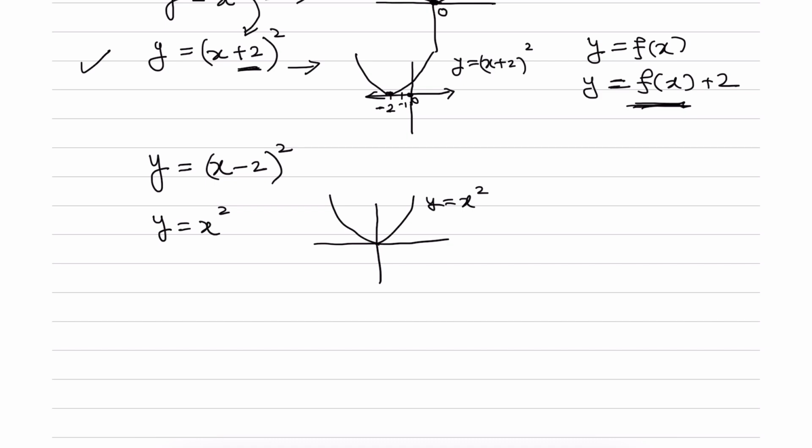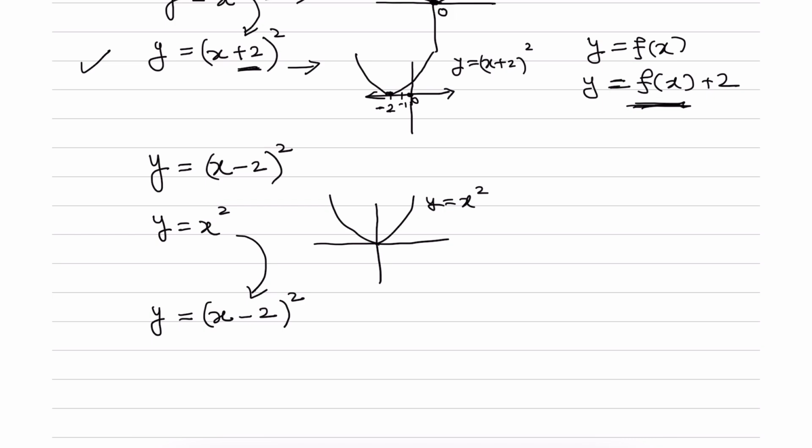And now we need to sketch the graph for y equal to (x minus 2) whole square. How did we get from x square to (x minus 2) whole square? By subtracting 2 from the variable x.